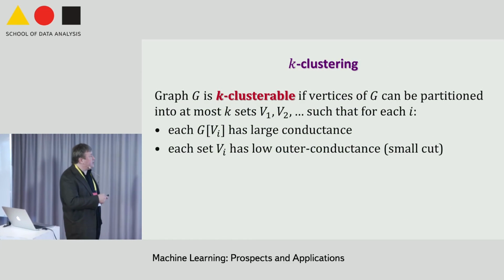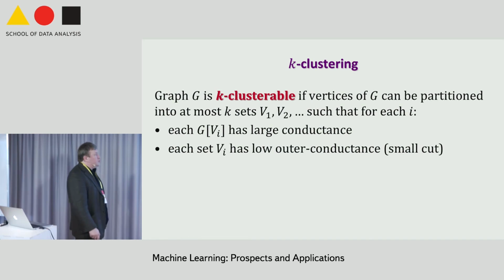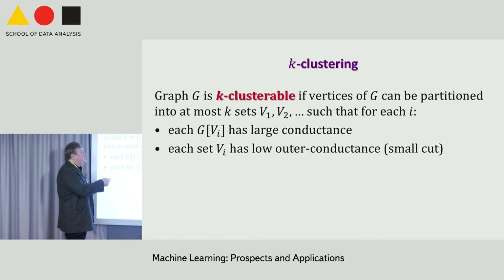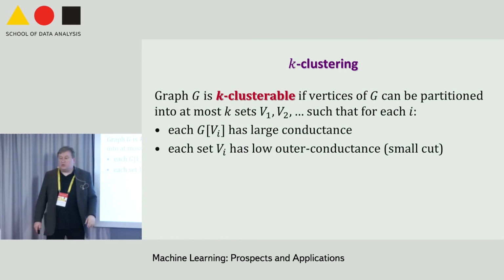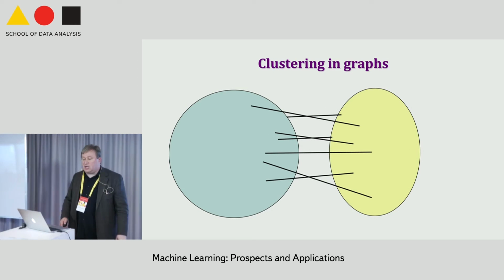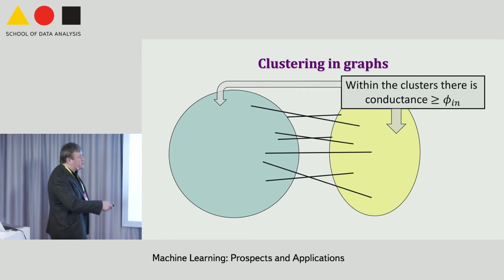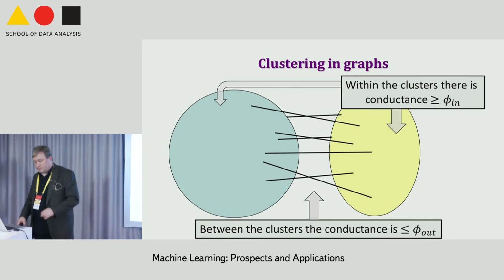So we want to study the problem of checking if a graph is k-clusterable, which means we can separate the input set into k sets such that the graph induced by each set has large conductance and the set has low outer-conductance. It means approximately the following: inside this cluster we have high conductance, and here in the cut we have small conductance.